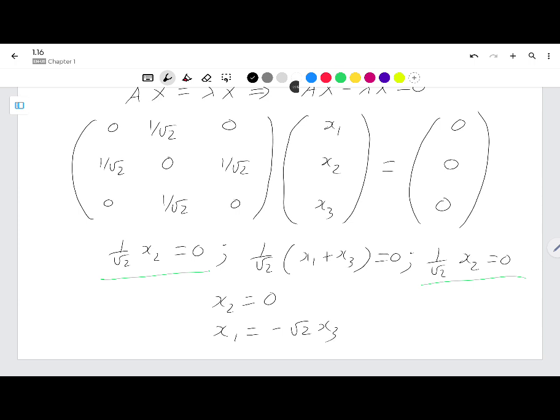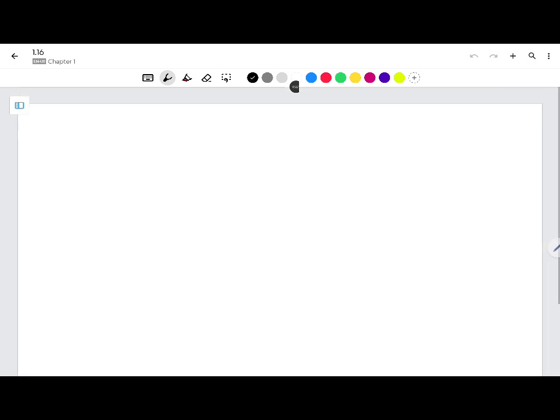So x2 is 0, and I can fix either x1 or x3, and from one of them I can just determine the possible value of the other. So for simplicity, let's say x3 is equal to 1. That would give me x1 equal to minus square root of 2.